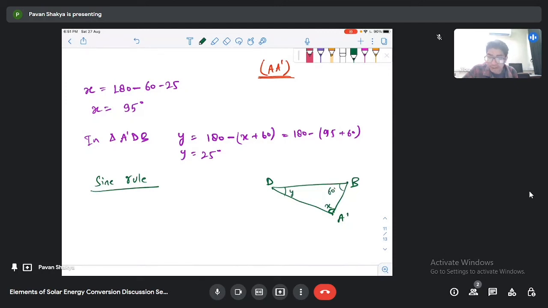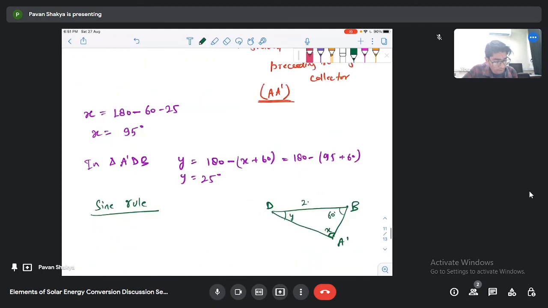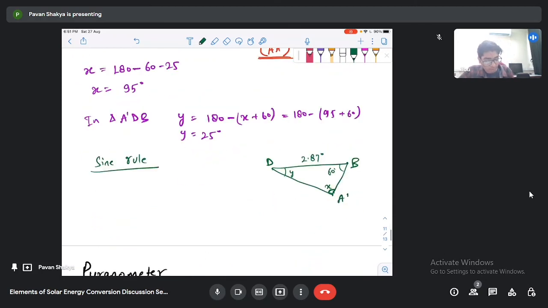This dimension is given as 2.87. Okay, so now when you apply the sine rule, you can write that sine of Y divided by the edge that is in front of this angle, that is A prime B, equals sine X divided by the edge that is in front of this angle, that is BD.